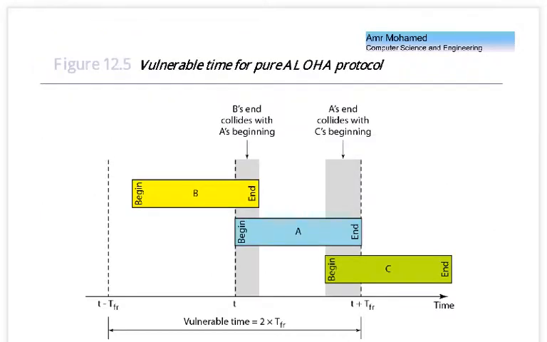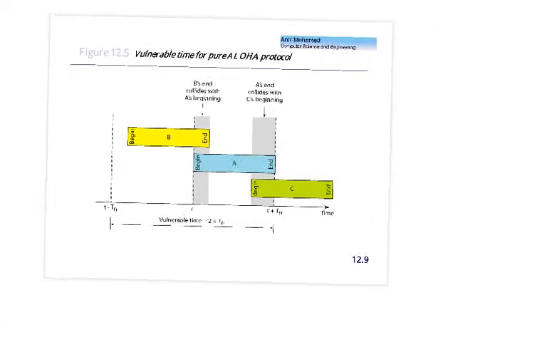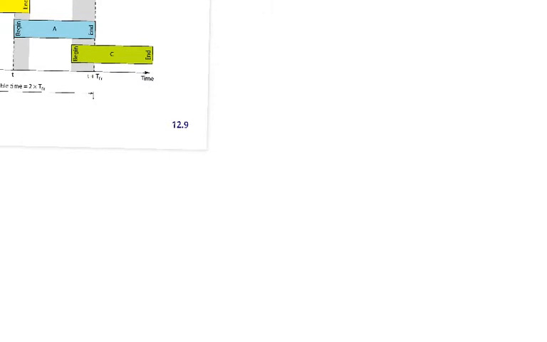So the vulnerable time is a very important parameter for the pure Aloha network, and to calculate that, we imagine that we have a node A which is trying to send a frame, and we can assume that the frame size is fixed for all the nodes.